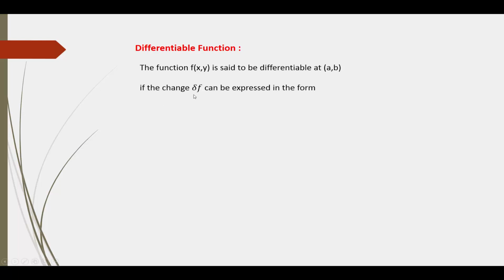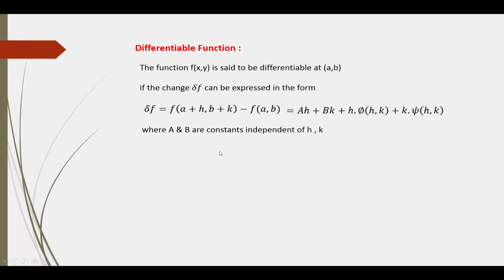Now first we define a differentiable function. The function f of x, y is said to be differentiable at point (a, b) if the change delta f can be expressed in the form delta f equals f of a plus h, b plus k, minus f of a, b, and this can be expressed as A h plus B k plus h into phi of h, k plus k into psi of h, k, where phi and psi tend to 0 as (h, k) tends to (0, 0), and A and B are constants independent of h, k.